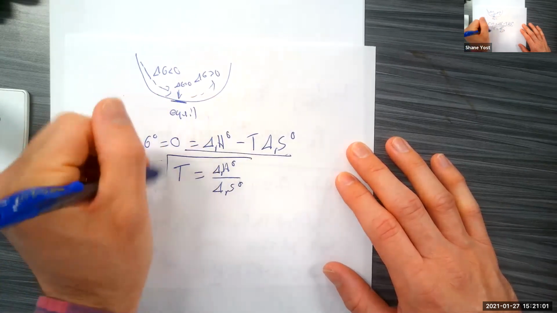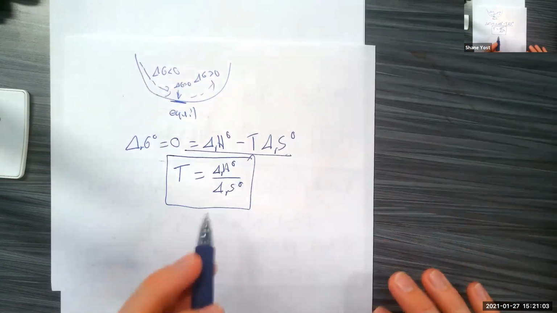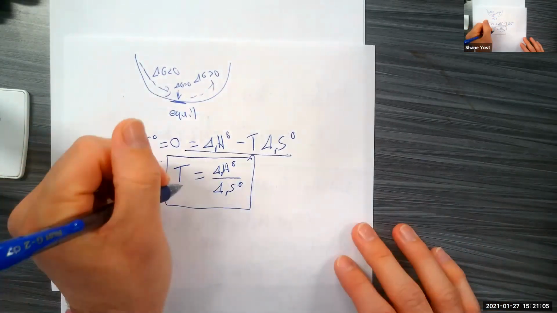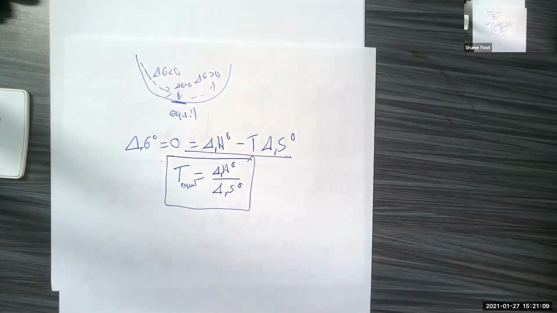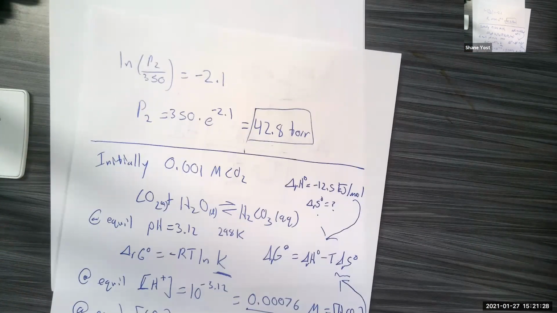Technically this is the equilibrium temperature, if you will. Above or below this temperature, you'll be either spontaneous or non-spontaneous, depending on the signs of delta H and delta S. So this is your final equilibrium temperature.